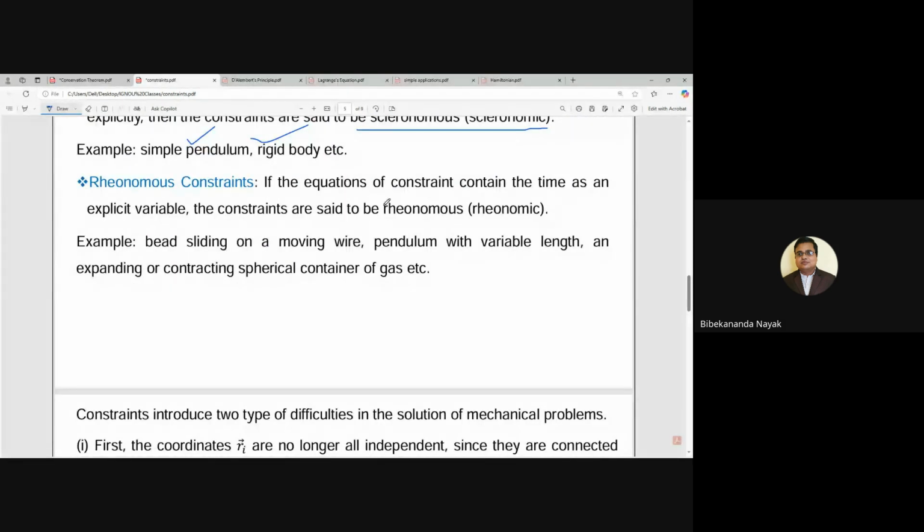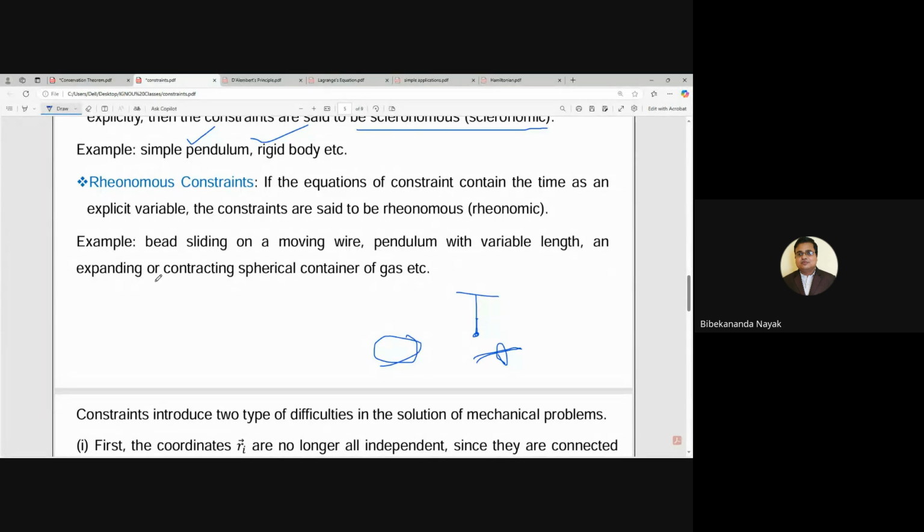Rheonomic constraint means if the equation of constraint contains time as an explicit variable, then the constraints are said to be rheonomic. Examples: a bead sliding on a moving wire, a pendulum with variable length. Suppose the length varies with time. A bead moving on a rotating wire: you are rotating it at a particular time, and it may move outside along the wire.